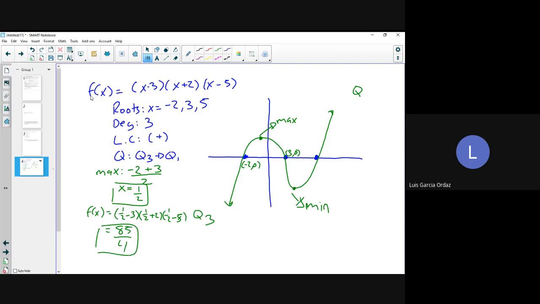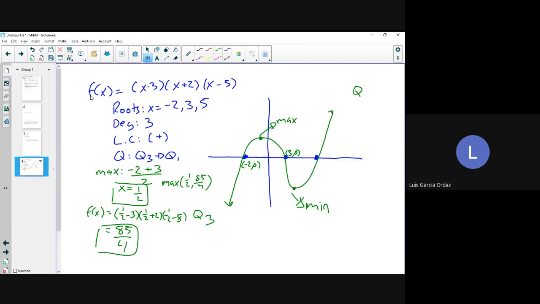Okay, so our max point is going to be at 1 over 2 and 85 over 4, which makes sense because the function is increasing from negative infinity all the way to our vertex point, okay? Obviously, I'll give you numbers that give you full numbers; this I just made up off the top of my head.